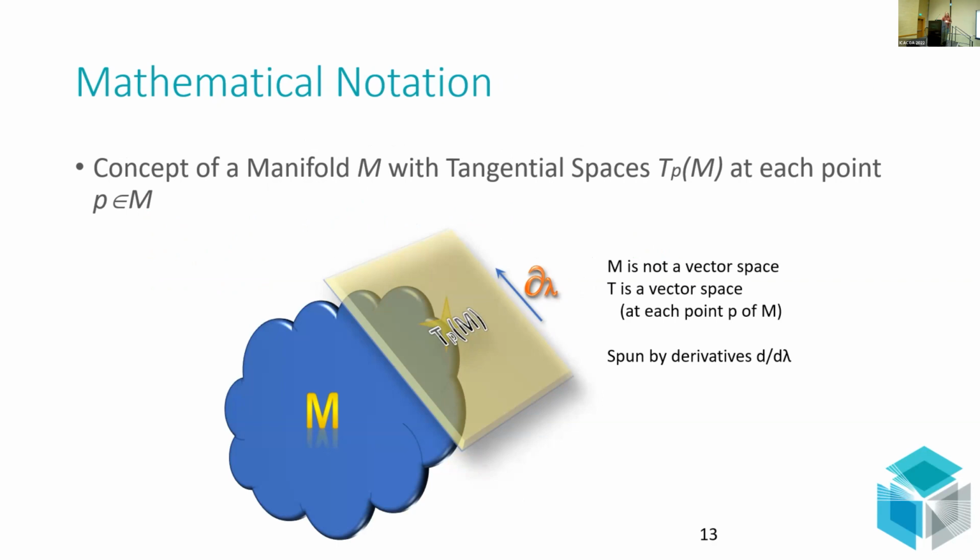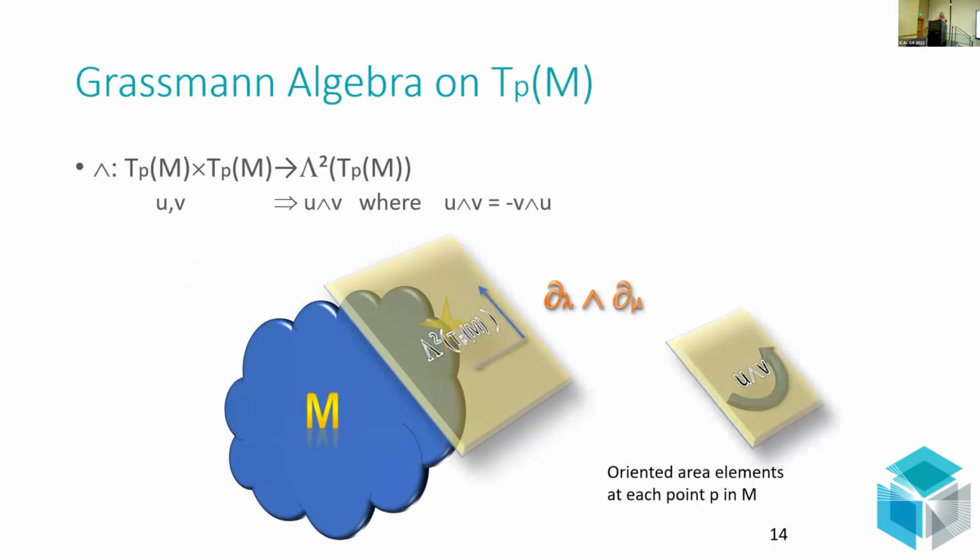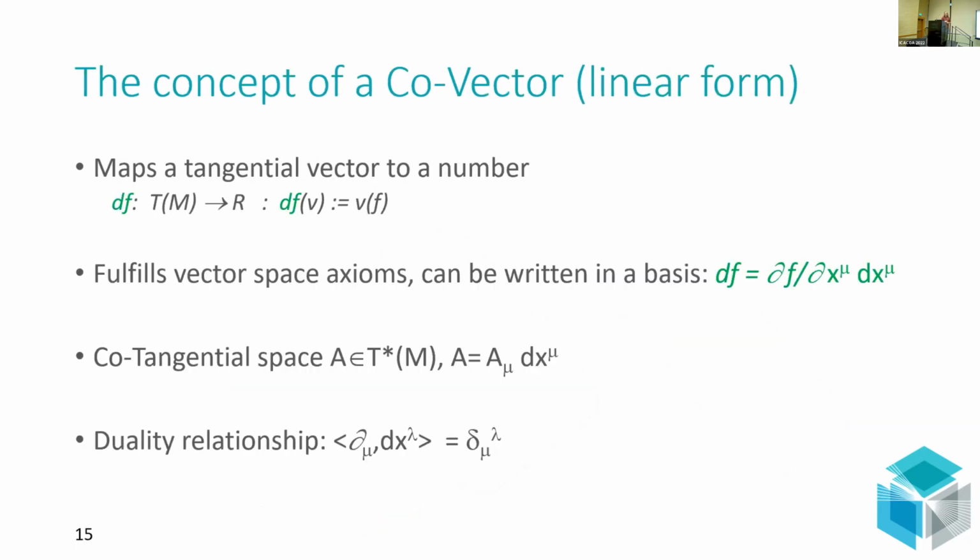At each point it is a different vector space, and the derivatives are defined by the coordinate space. Using these coordinate directions, we can build the Grassmann algebra in the tangential space, making the wedge product of basis functions of directions in each field. So we have a covector, no, not a covector, it's a bivector of the tangential vectors.